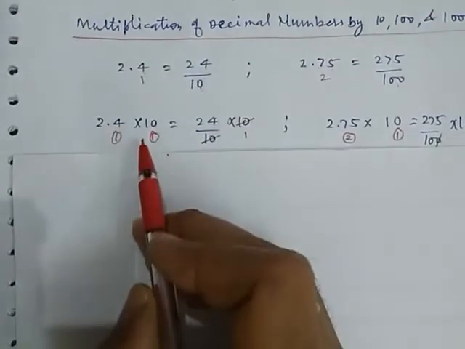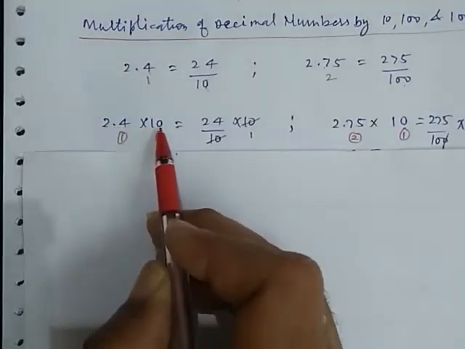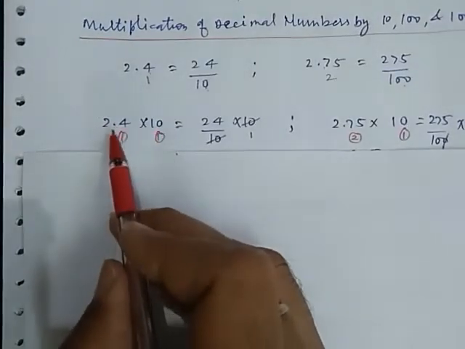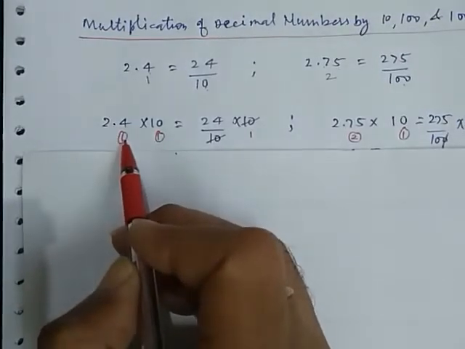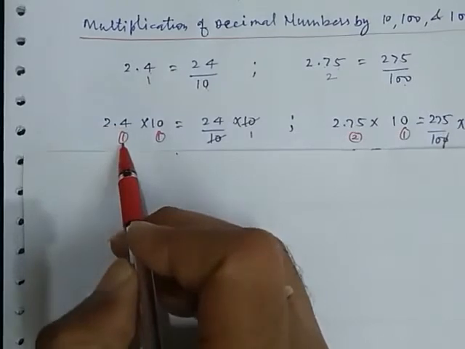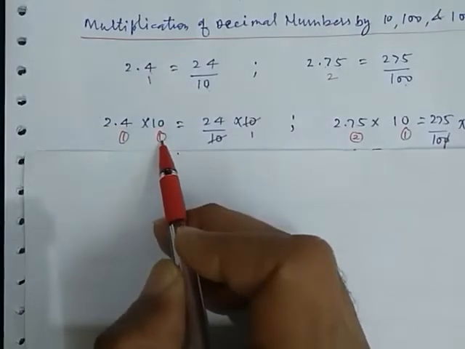Now if we multiply this number by 10, what do we have to do? Here we count the digits after the decimal, so one digit, and here we count the 0s. How many 0s? 10.